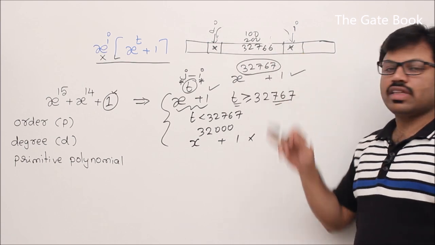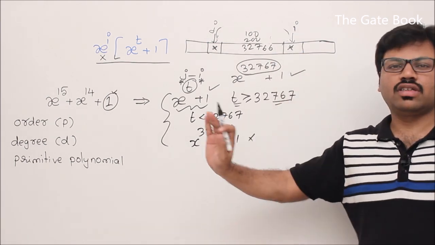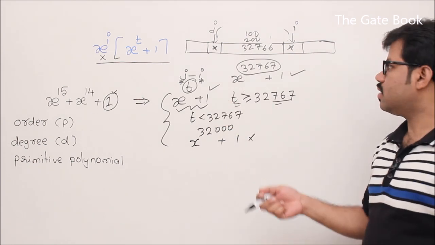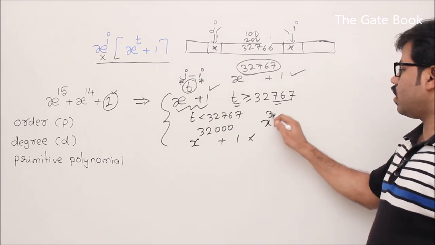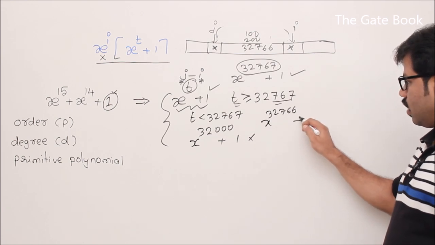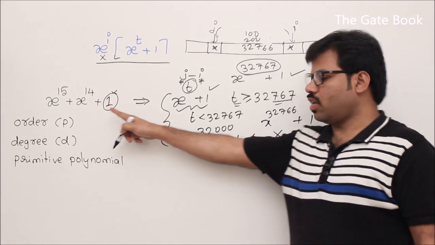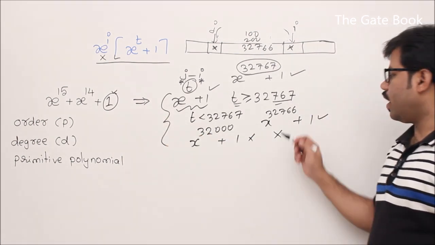Even if they are separated by 32,766 bits, your polynomial can still detect it, because x power 32,766 plus 1, let's say this one, is not divisible by this polynomial, right? So that's why we can detect it.